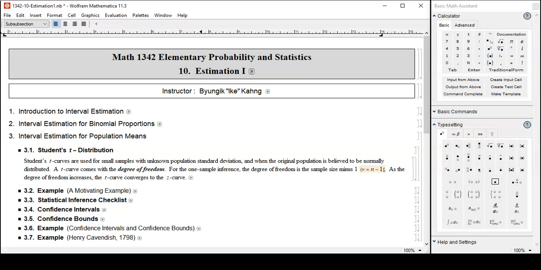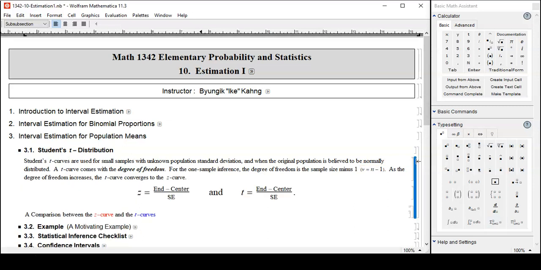In upper level courses, with some multivariable work, we may have some two-dimensional quantity with a degree of freedom of n-2, those kinds of things, but not at this level. So for your case, it's n-1 all the time.